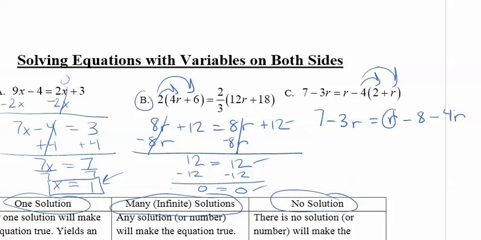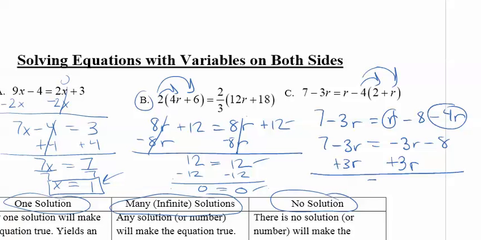So when I combine -4r and r, I end up with -3r minus 8, or you could say -8 minus 3r, and 7 minus 3r. So in this case, when I try to solve for r, I'm going to add 3r to each side because I'm subtracting 3r. So plus 3r plus 3r, and my equation ends up being equal to 7 is equal to, those cancel, 7 is equal to -8.